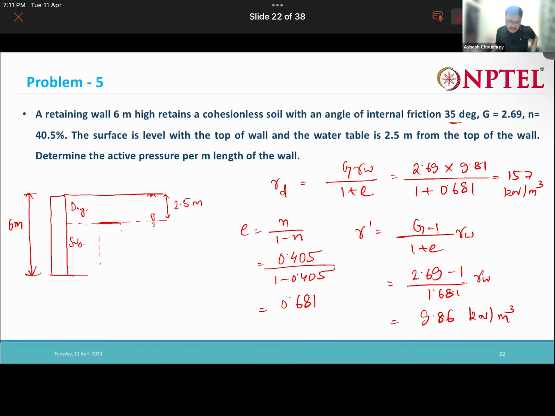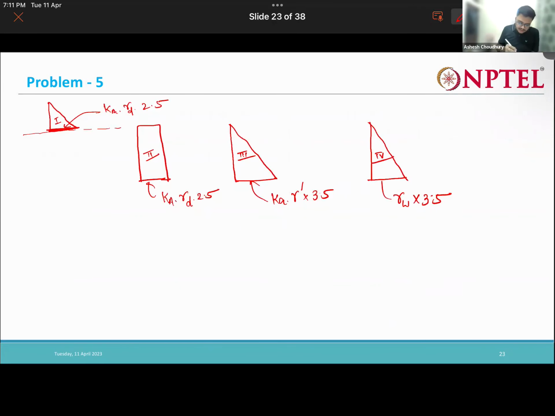Okay, so we need to determine the active earth pressure. So let us first determine P1. What will be P1? Half into K into gamma d into 2.5 square. So please calculate this.